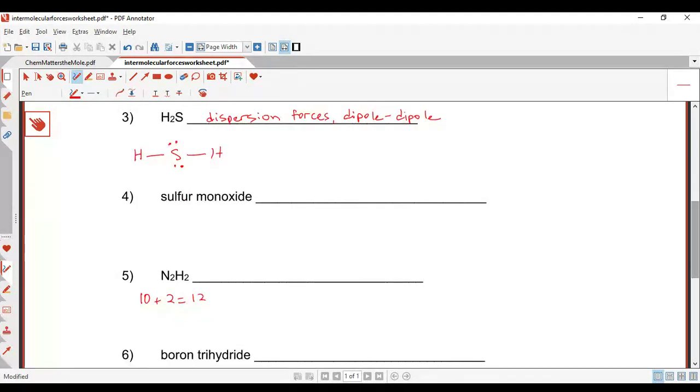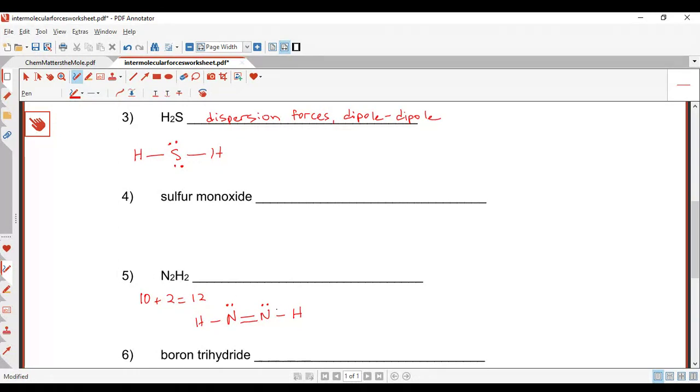And if we draw the structure out, we would have the 2 nitrogens in the center with a hydrogen on either side. And then we know we have 12 valence electrons. So I know nitrogen likes to have 3 bonds, so I'm going to assume it's going to start out with a double bond between the 2 nitrogens. Let's see, 2, 4, 6, 8, 10, 12. So it has 12 valence electrons.